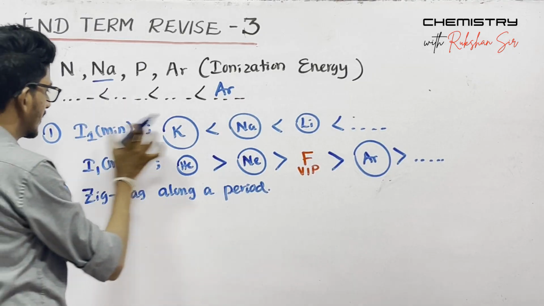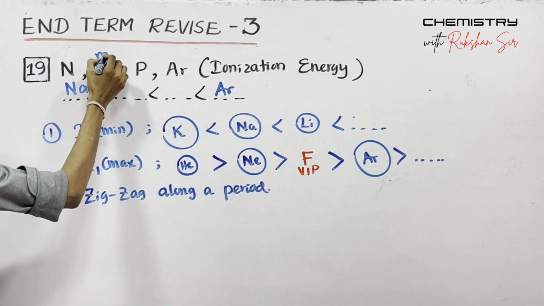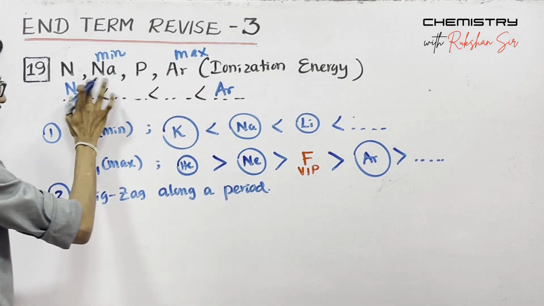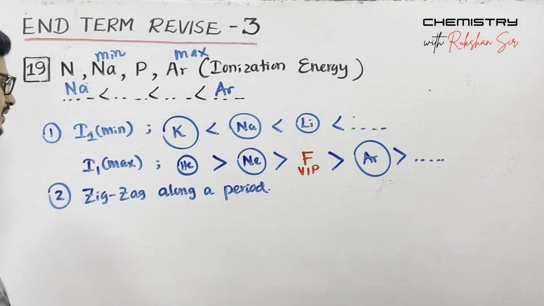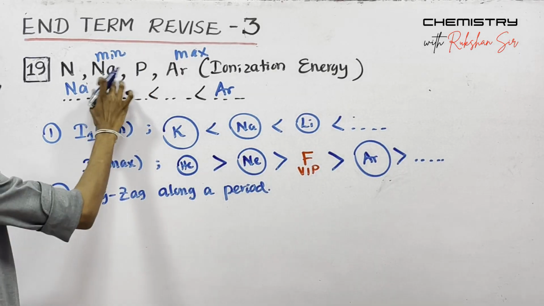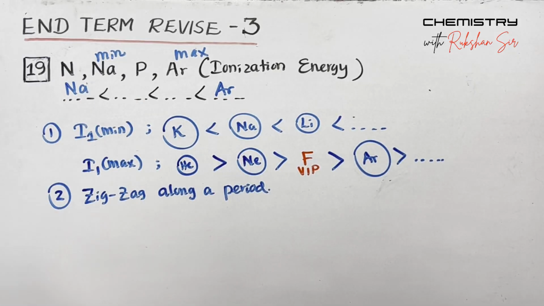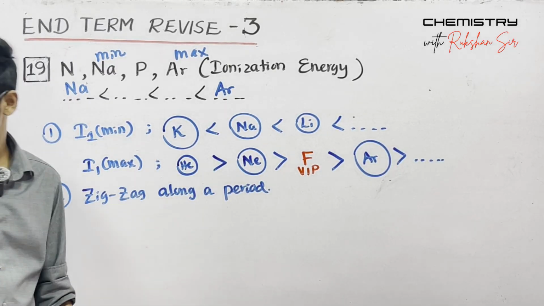Sodium is coming with the minimum values, and argon with the maximum. So the zigzag: you have sodium and phosphorus both in the third row. Sorry, nitrogen and phosphorus. Even we don't need the zigzag to locate nitrogen and phosphorus.